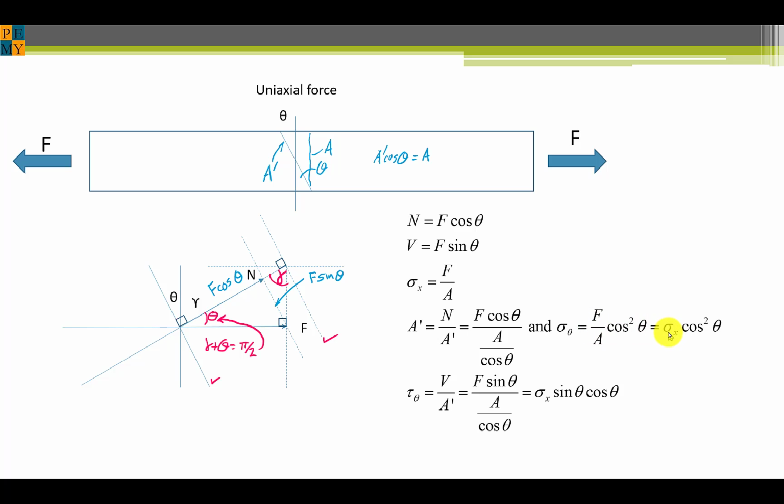So this is the same as sigma x times cosine squared of theta.